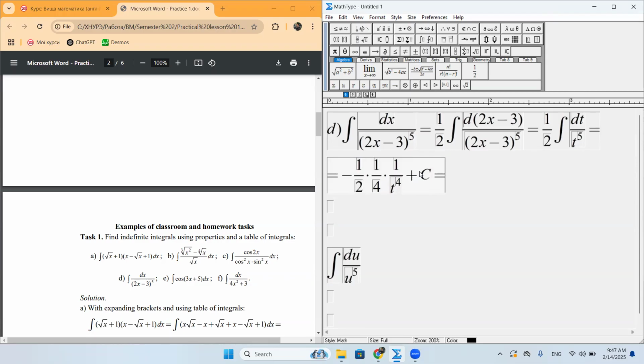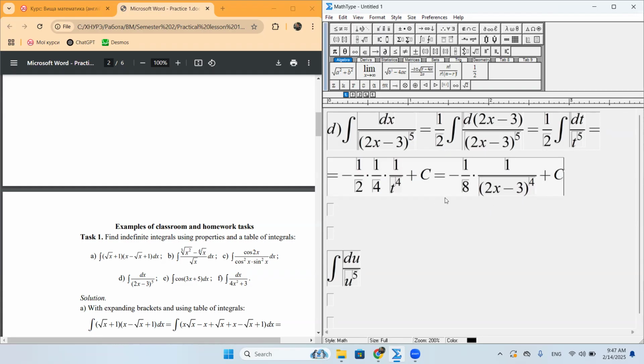And now we can return to the previous variables. So minus 1 over 8, like this.